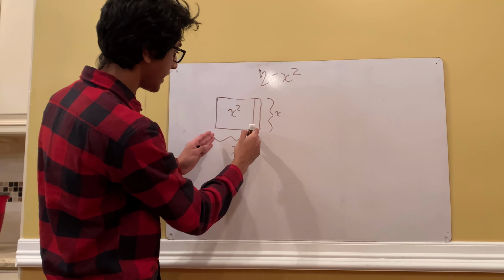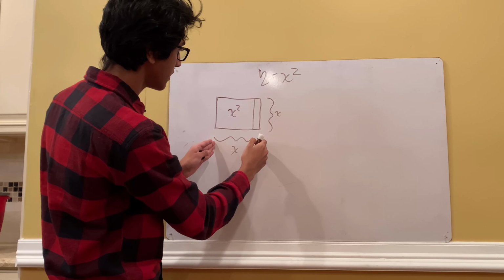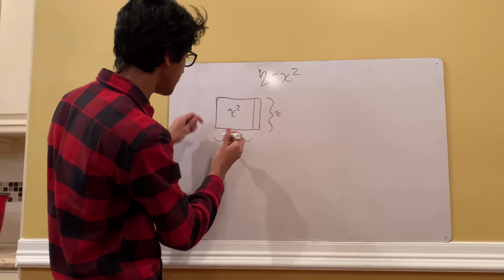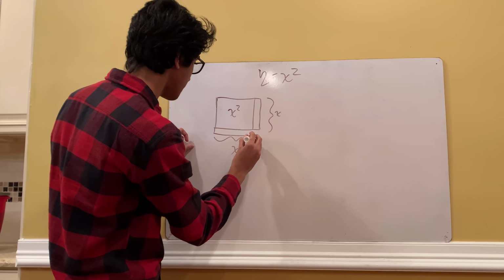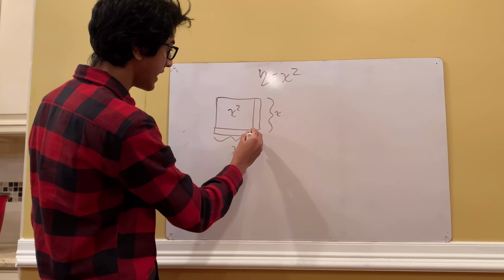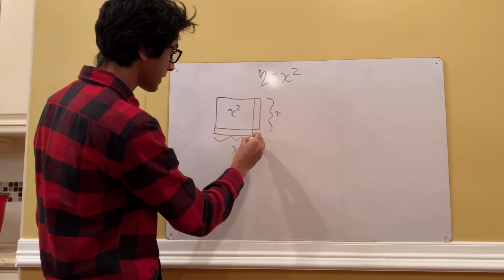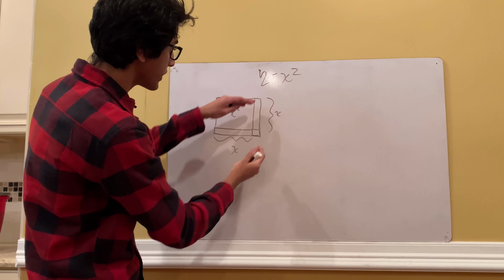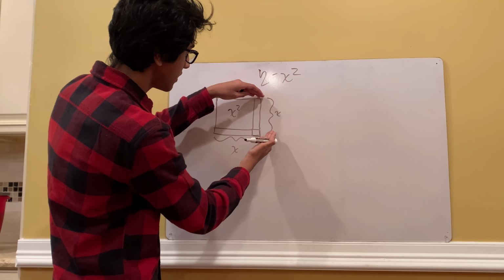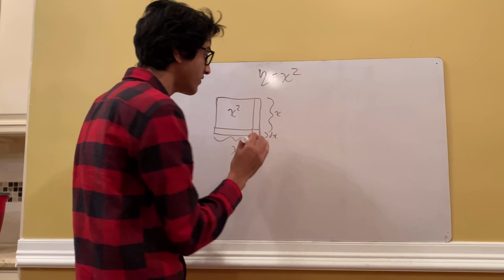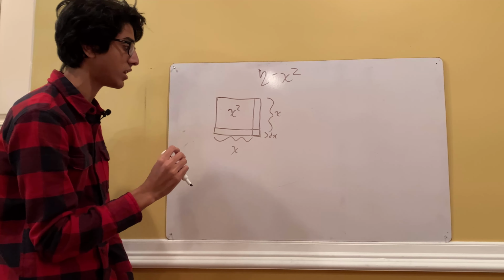A little increase in area this way by increasing this x. And then let's increase this x value by a little bit, which would result in this. And then we have this over here, this square. So we changed this x value by dx. That's the very small amount that we changed the x value by.